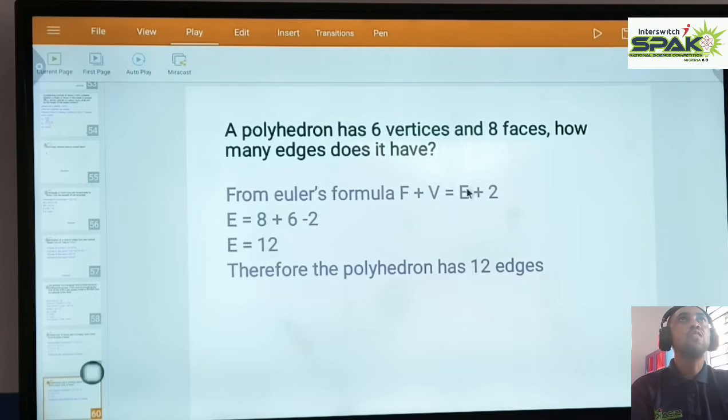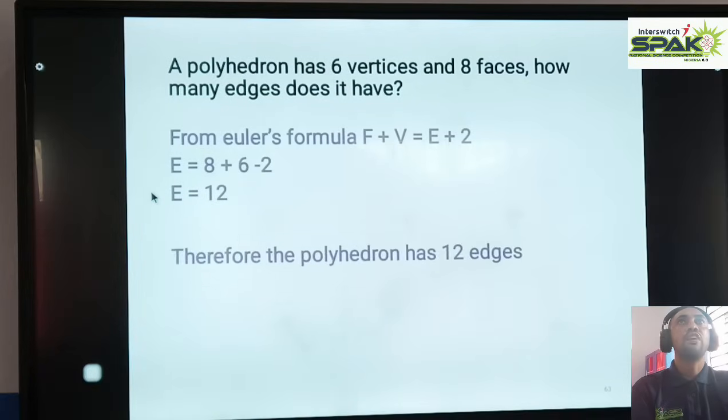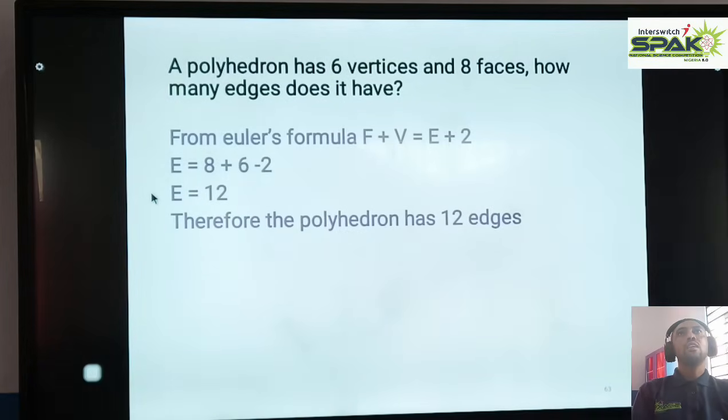To find the number of edges, you take the 2 to that side. Here we have plus, to turn to minus. When you subtract 2 from 14, then we have 12. So that shows that the polyhedron has 12 edges.